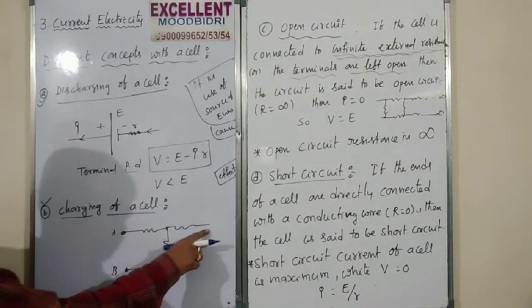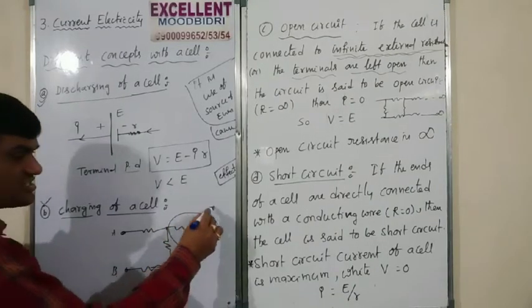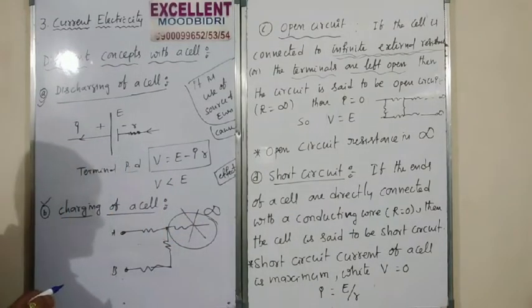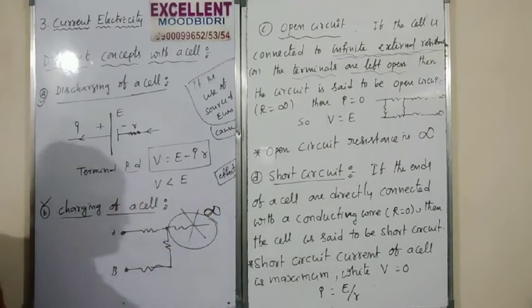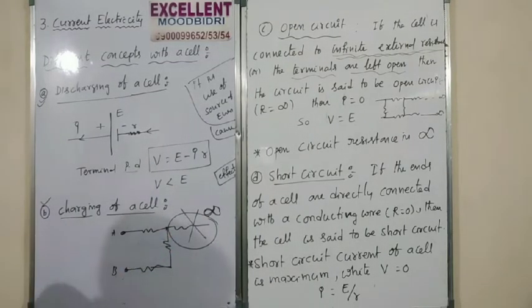So this is the open symbol. In this direction the resistance is infinity, therefore we can neglect this one. It's an open circuit, an open terminal. Therefore the resistance is equal to infinity, no need to consider it. Remember, very important for problem purposes.